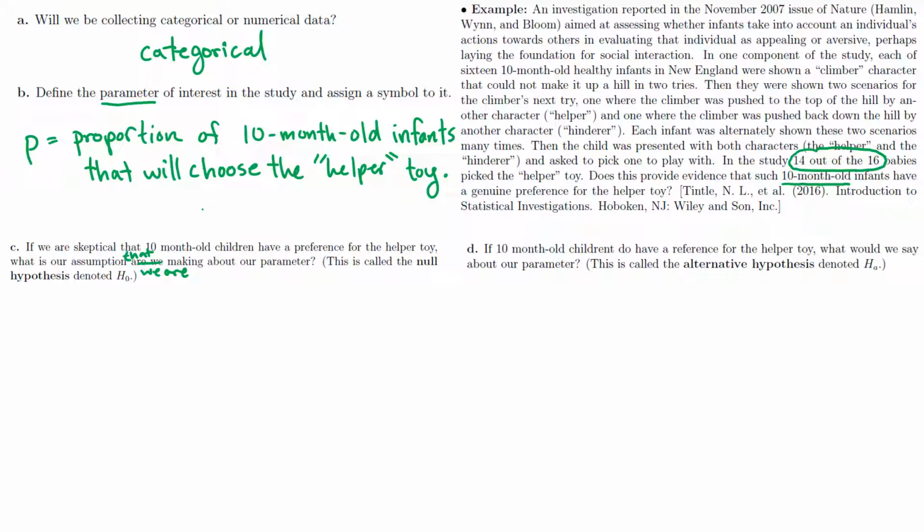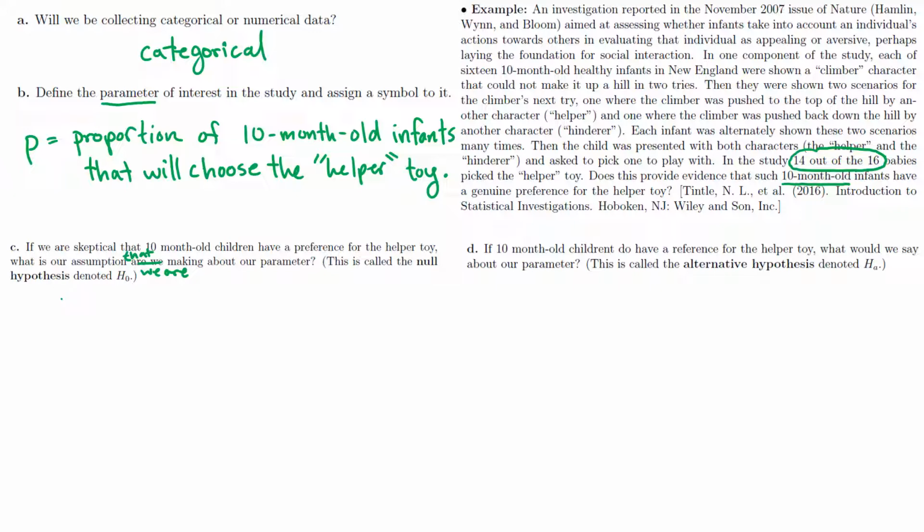So we're going to write this out in two ways. We're going to write out a sentence of what we mean if we're skeptical of this, and then we're going to write it out in symbols as well. What does it mean numerically? First of all, just a sentence.